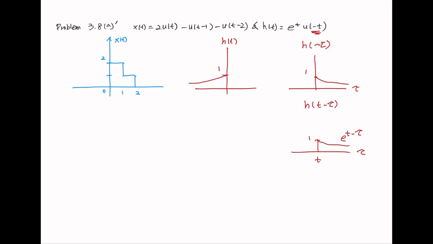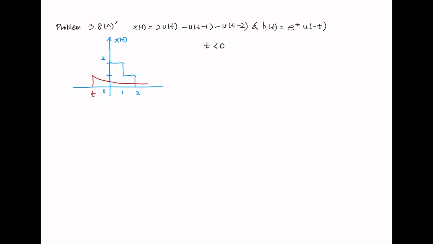And if we put this h of t minus tau right side of x of t, then we have this. So if t is less than 0, now we have this much we should multiply by 2, and this much we need to multiply by 1.